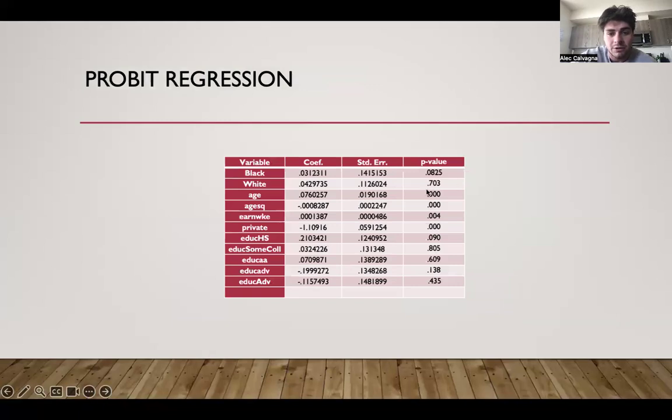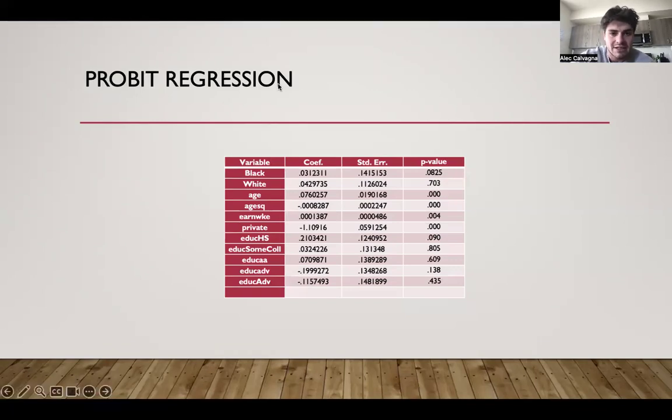Moving on to our probit regression. After running a regression, we were able to find our coefficient scores, standard errors, and p-values, which are representative of the effects of our variables on our output variable, which is whether or not a person is in a union.